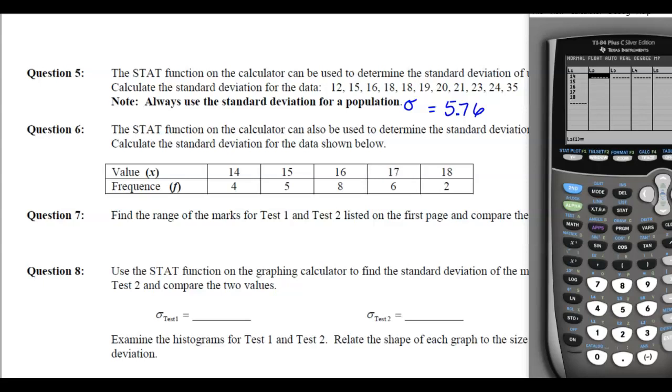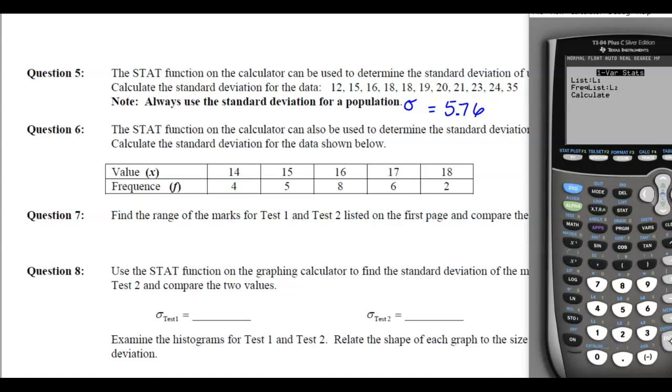My frequencies are 4, 5, 8, 6, 2. Quit out of that. Stat, calc, one variable stats. I put it into L1. My frequency, though, is in L2.